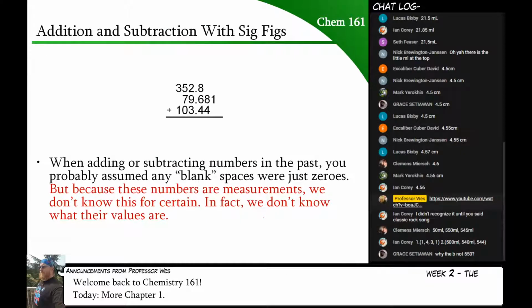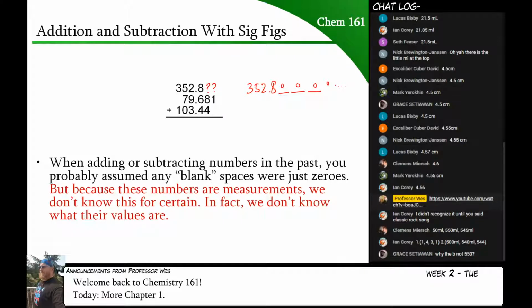All right, let's do the addition first. When you do addition, remember that in a measurement, any numbers that come past the last significant figure are essentially random, right? So when I measured this object to be 352.8, we'll say kilograms or whatever, these next digits are not all zeros. That doesn't make any sense.